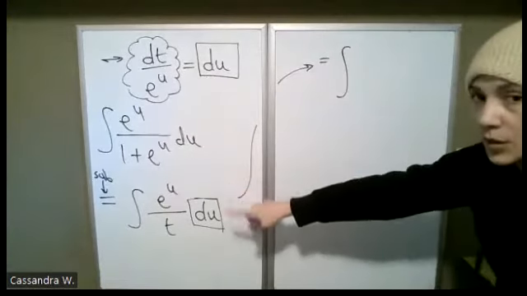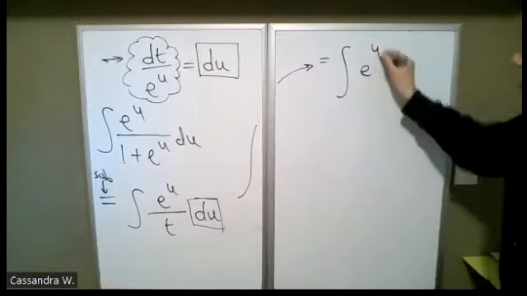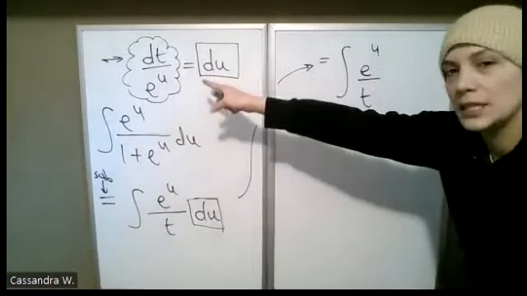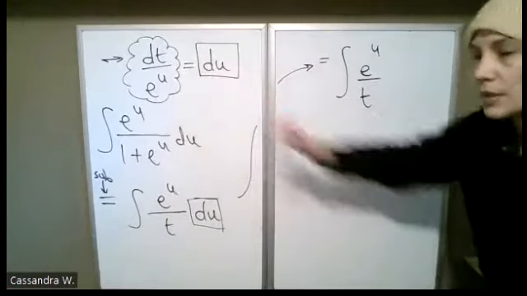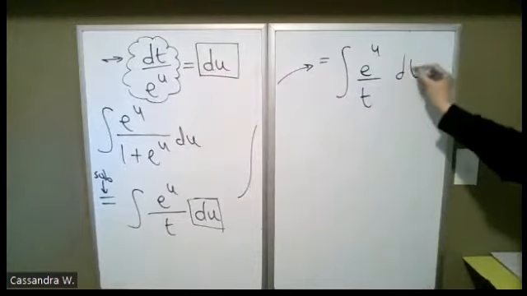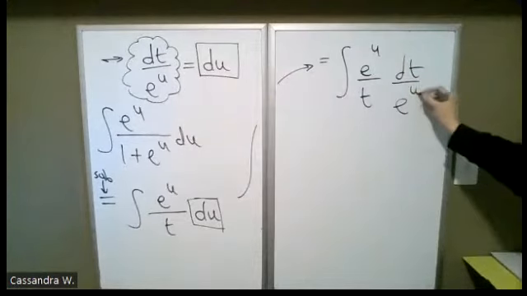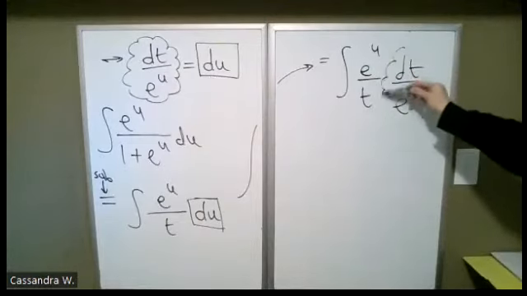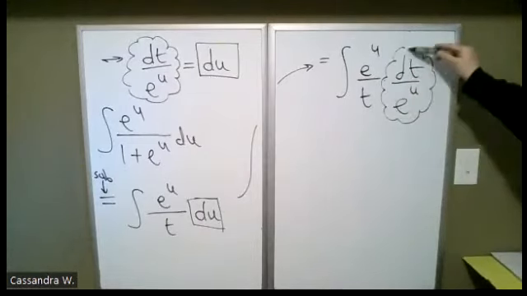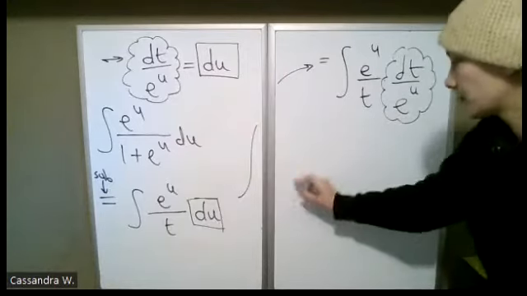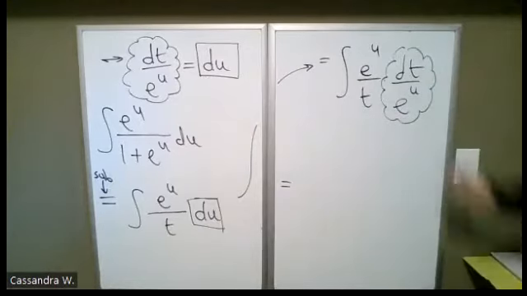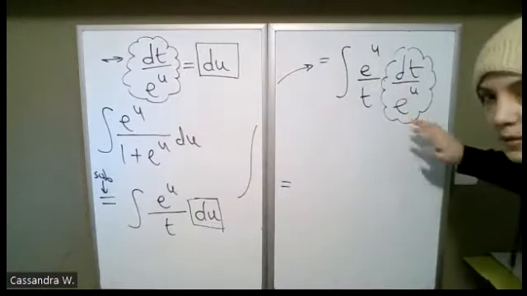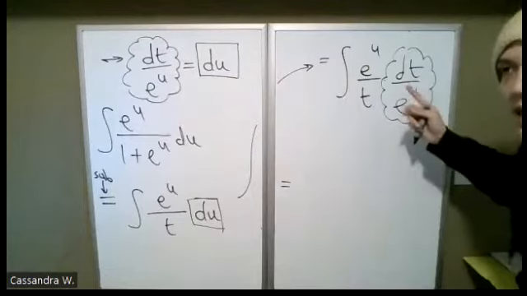Right now I've got e to the u over t. And I want to replace du with dt over e to the u. Okay, cool. So e to the u over e to the u is going to reduce to 1.